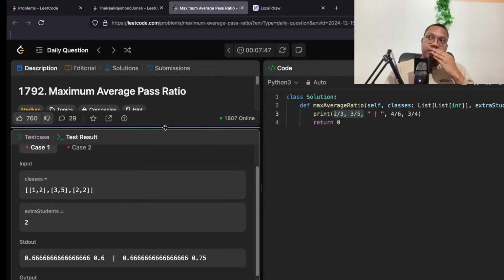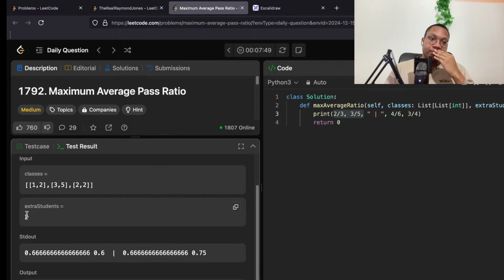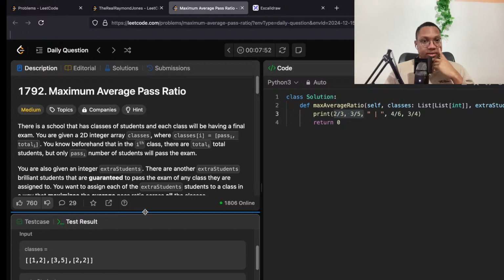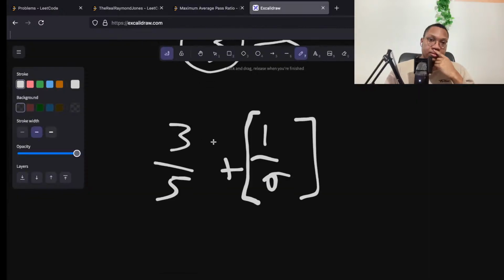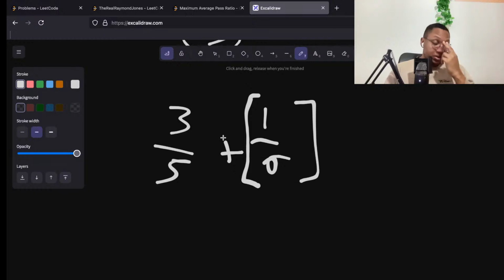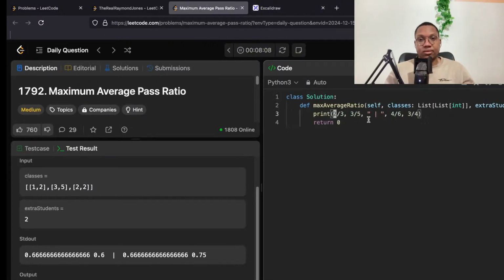We just want to take it. We want to always add this value to whatever is going to have the best impact, the strongest influence to increase everything. It's tough, man. 1 of 6. Let me see, print 1 of 6. 1 of 6, 3 of 6.